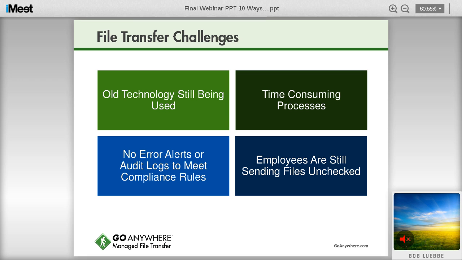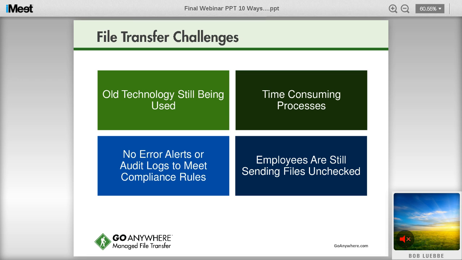Often you have to get a programmer to configure the transfers and track down any problems. And as you add more and more trading partners, it can quickly eat up a lot of time in your IT group to keep everything running smoothly. Also, a lot of companies do not have good error alerts when transfers fail. Some have to wait for their trading partner to call to indicate that they did not receive the file.